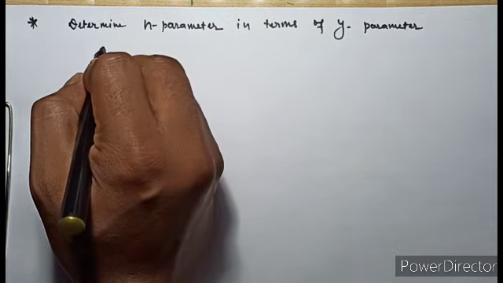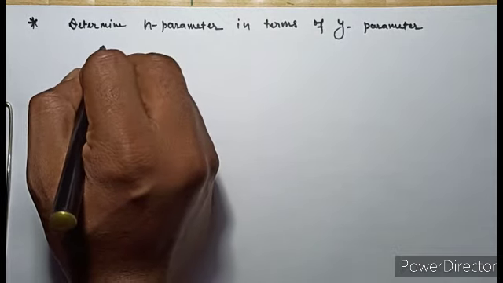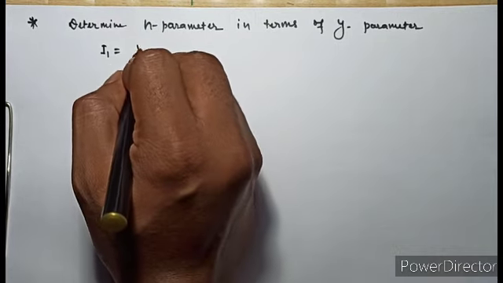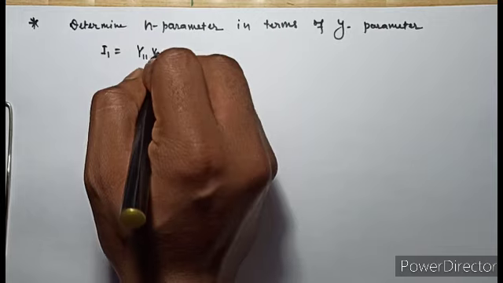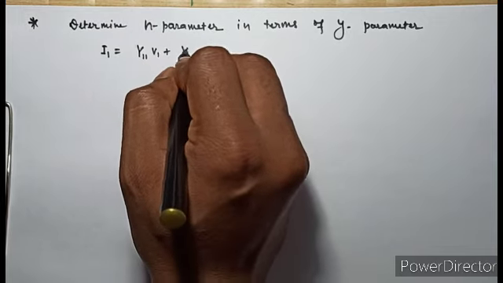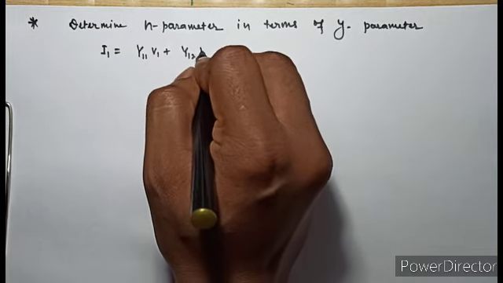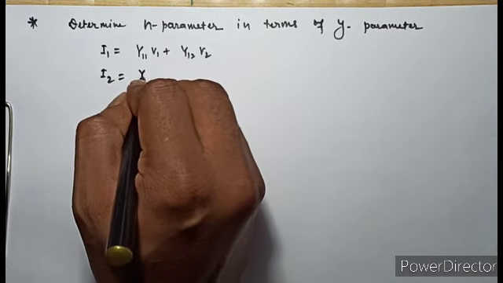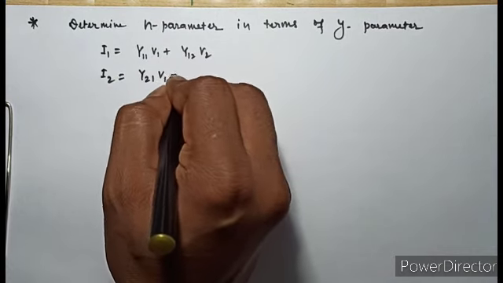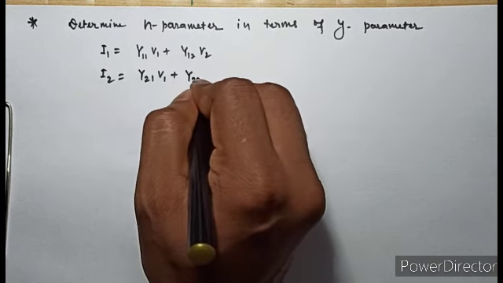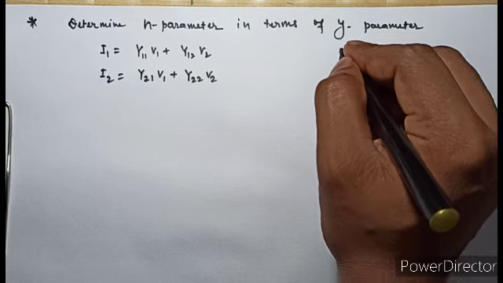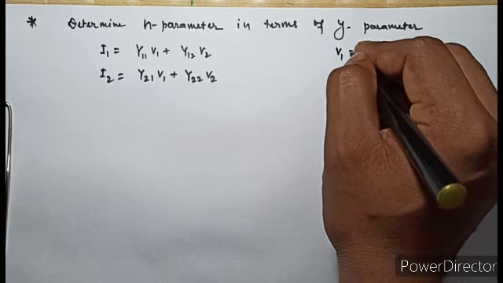Now see, for Y parameter, what are the equations? Our equations were I1 is equal to Y11 V1 plus Y12 V2, and I2 is equal to Y21 V1 plus Y22 V2. And for H parameter, what are our equations?